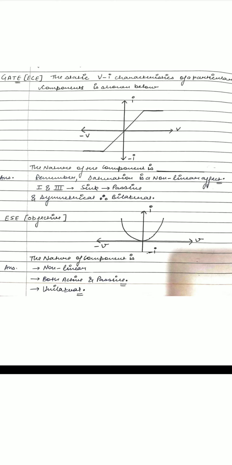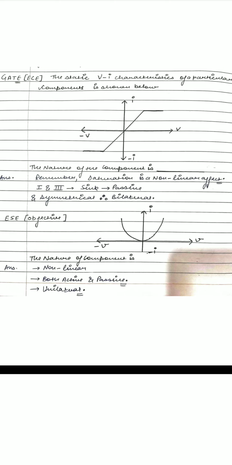So in such questions, when we get the answer that the graph is lying in both the first and second quadrant, we have to say that it is globally active, because active can be converted into passive also, but passive elements can't be converted into active.